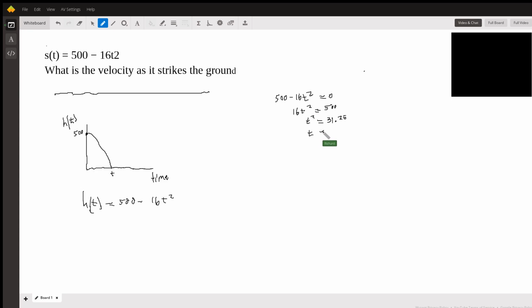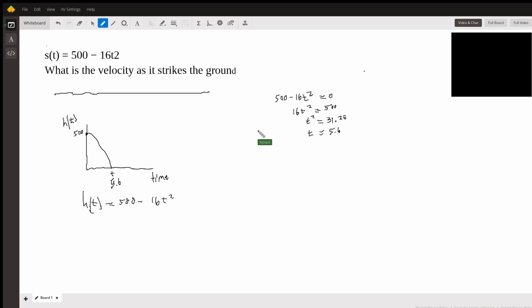So it's going to hit the ground at the square root of 31.25, which I'm going to round here, 5.6. So that's when it hits the ground, 5.6.